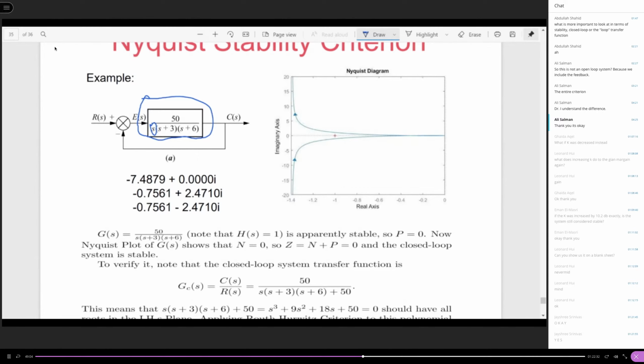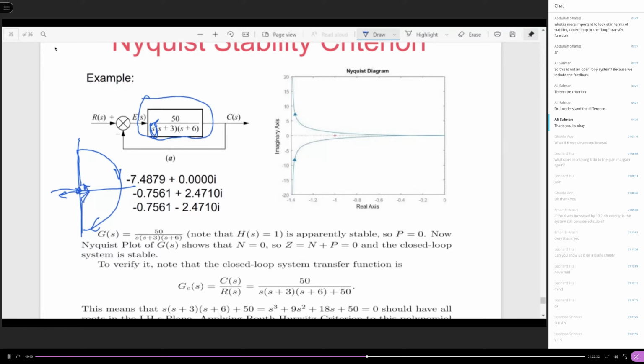Remember, we said that in this case the Nyquist contour has to be modified to exclude this pole, so it is treated as being in the left half plane, as a stable one, okay?